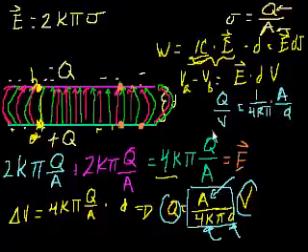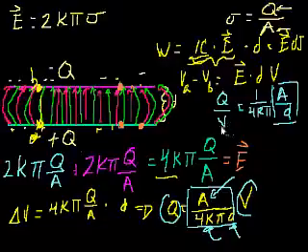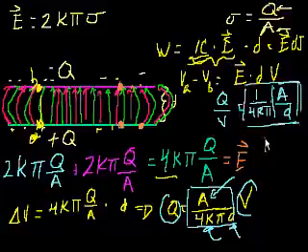For a given configuration, defined by the area of the plates and the distance, if I know the amount of charge I put onto the plates, a minus Q here and a plus Q here, I know the voltage across the plates, or vice versa. If I know the voltage across the plates and the configuration, I know how much charge there is. This is called capacitance, and the unit for capacitance is the farad.